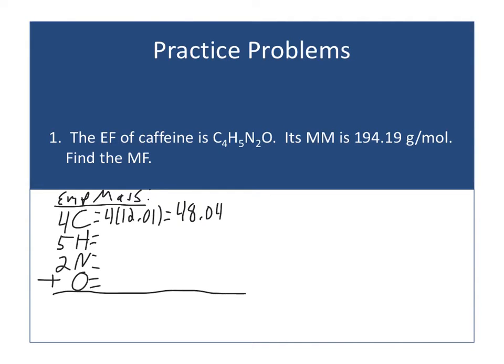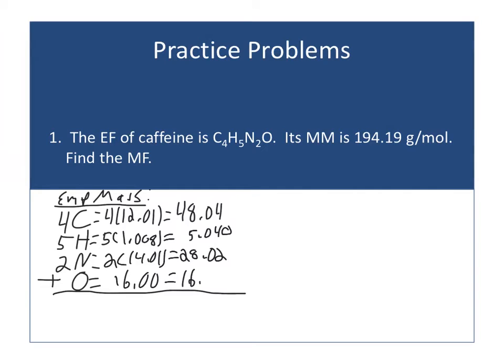From that, I'm going to take those 5 hydrogens, which is 5 times 1.008, gives me 5.040. 2 nitrogens is 2 times 14.01, which is 28.02. And 1 lonely oxygen is 16, which just stays as 16.